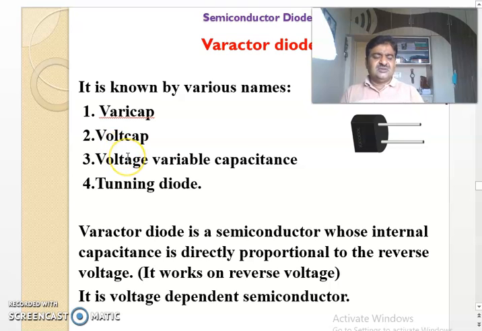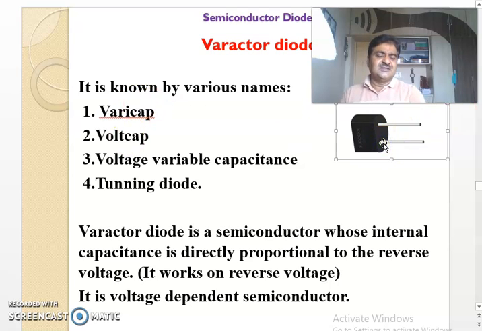This varactor diode has various names. It can be identified by various names such as varicap, volt cap, voltage variable capacitance, and tuning diode. These are the four different names of the varactor diode.